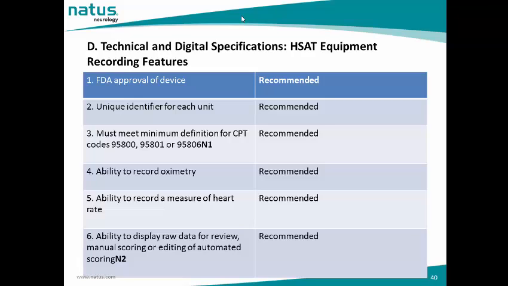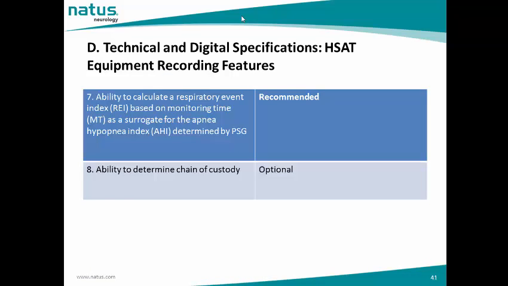FDA approval of device, unique identifier for each unit, must meet minimum definition for CPT codes, ability to record oximetry, ability to record a measure of heart rate, and ability to display raw data for review, manual scoring, or editing of automated scoring. Ability to calculate a respiratory event index and AHI index. Ability to determine chain of custody, and that is optional.